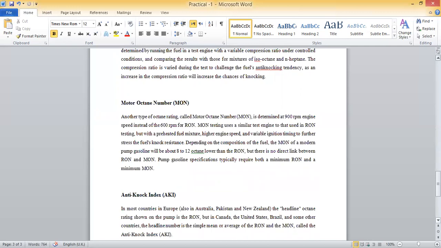Depending upon the composition of the fuel, the motor octane number of a modern pump gasoline will be about 8 to 12 octane lower than that of RON, but there is no direct link between RON and MON. Pumped gasoline specifications typically require both a minimum RON and a minimum MON.